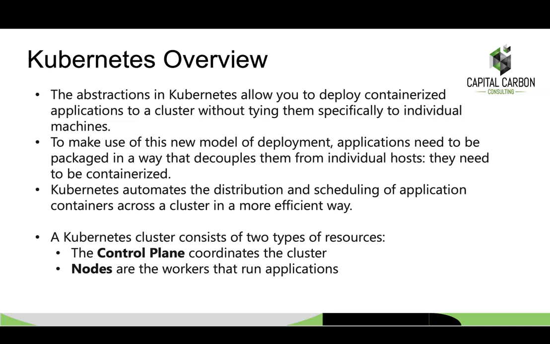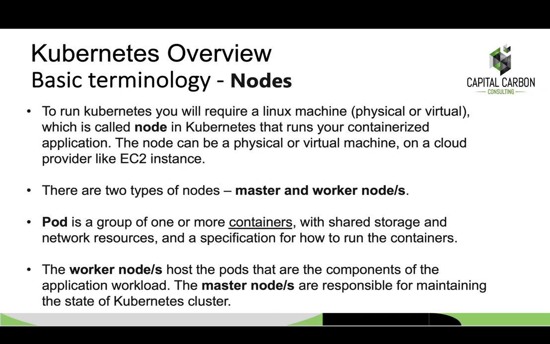Now, talking about the Kubernetes cluster itself, it consists of two types of resources: the control plane, which coordinates the cluster, and the nodes that are workers that run applications. Basic terminology: nodes. To run Kubernetes, you will require a Linux machine.